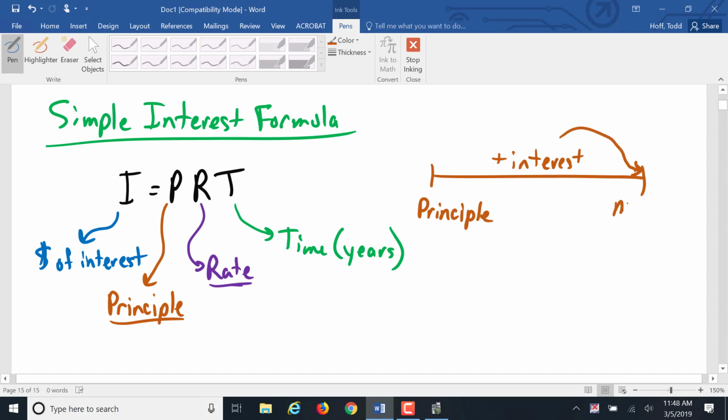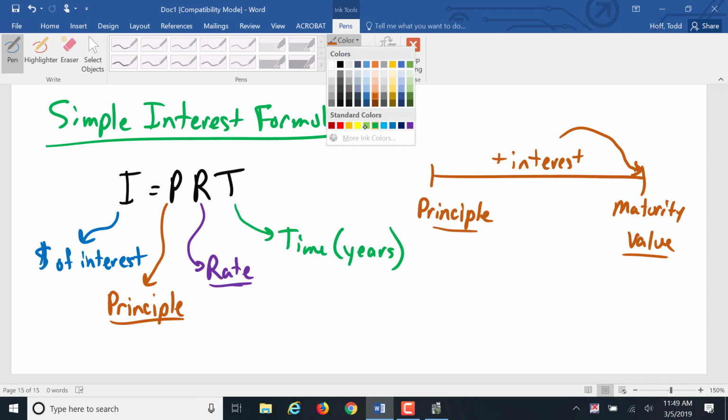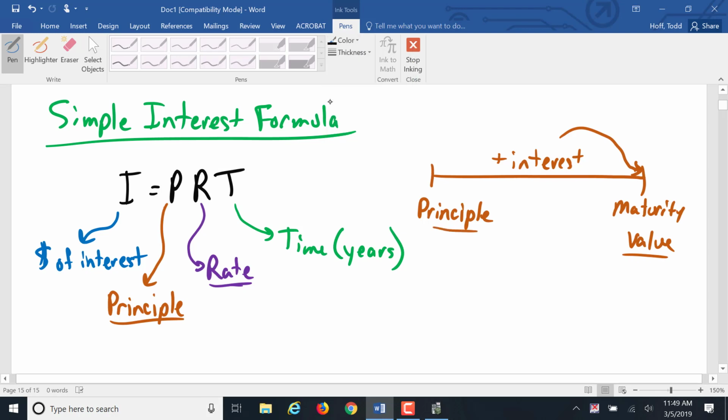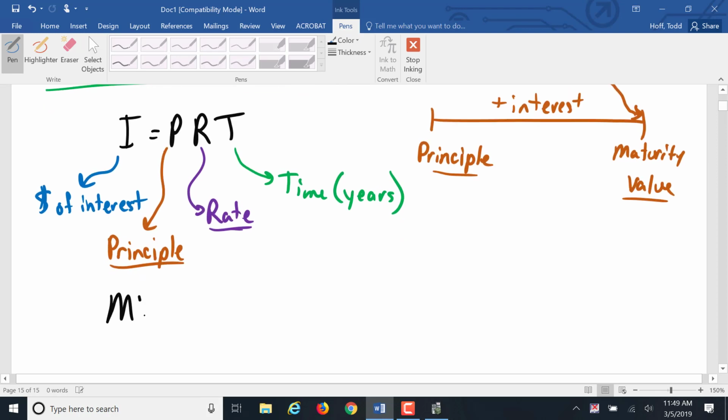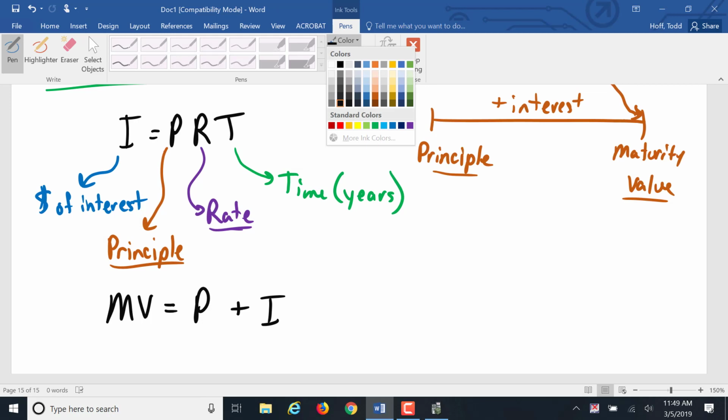And at the end, you have something called the maturity value. That's how much it is worth at the very end. So the second formula that works with this is that the maturity value, whether it's a loan or an investment, is equal to the principal plus the interest earned.